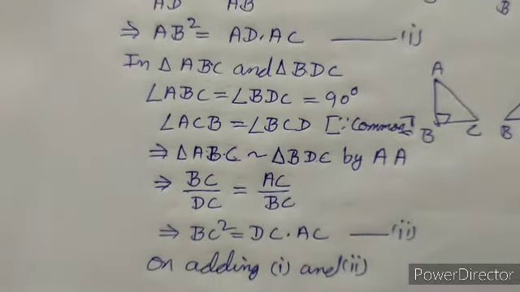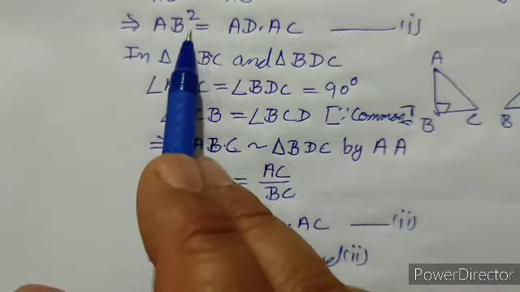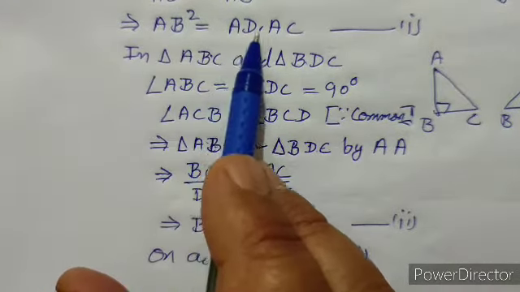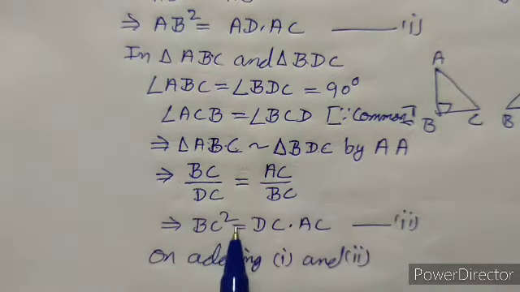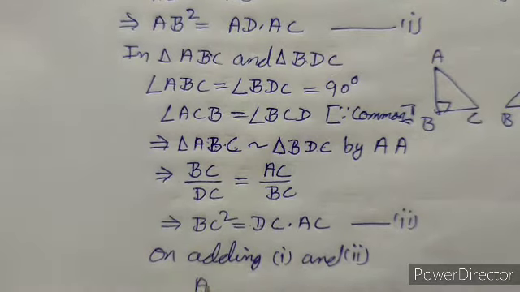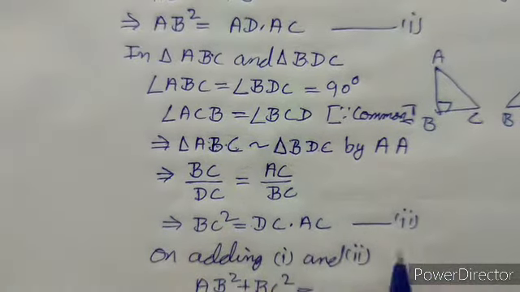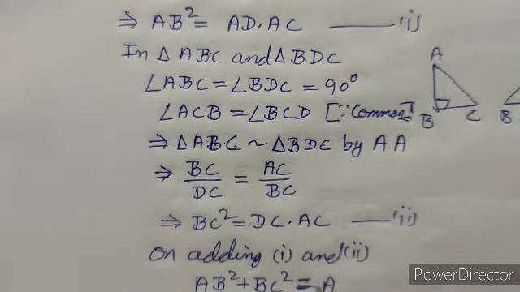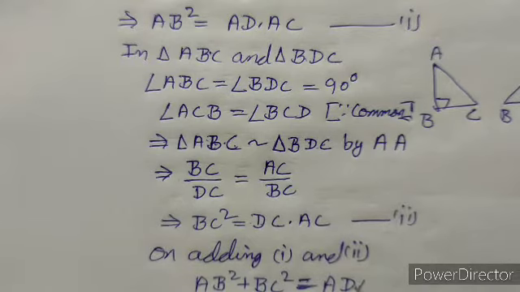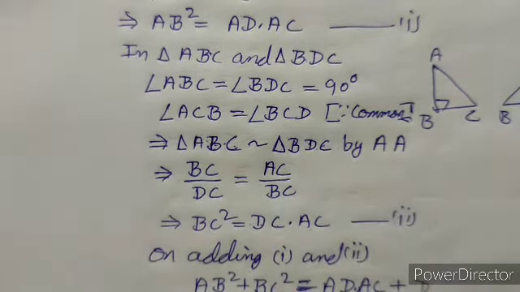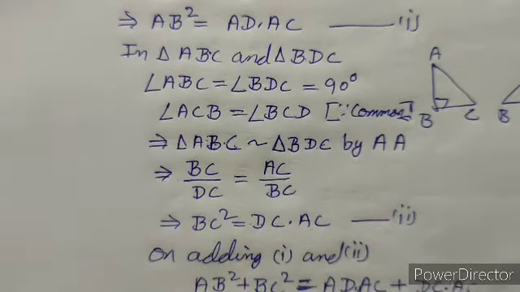in the first equation AB square was equal to AD into AC, and in the second BC square was equal to DC into AC. So it will be AB square plus BC square equal to AD into AC plus DC into AC.